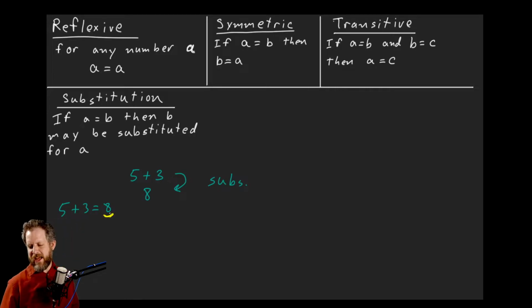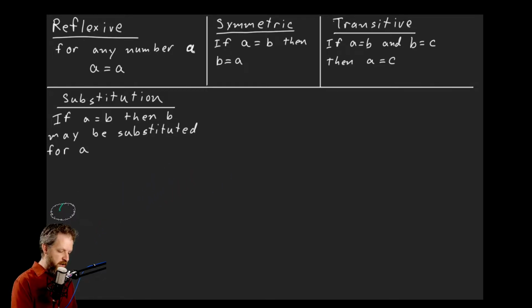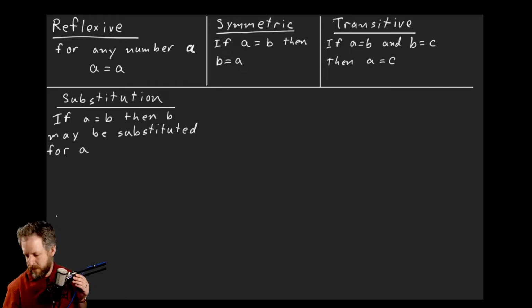Addition is not a property, it's an operation, right? So we're using the substitution property to stick that 8 in place of 5 plus 3. That's the only kind of weird place you're going to see this in the examples, and whenever you do your homework or practice problems, that's a use of the substitution property.